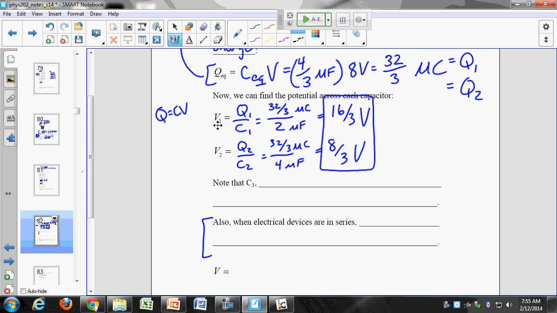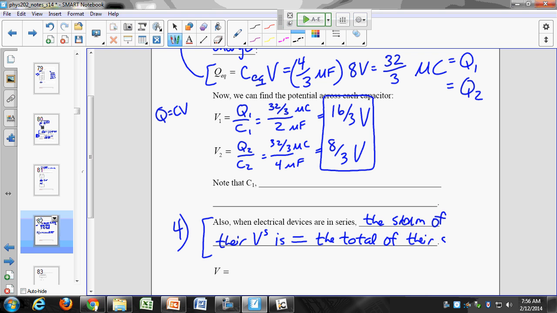For our fourth rule, when electrical devices are in series, I'll write it down here, the sum of their potentials is equal to the total of their source potential.